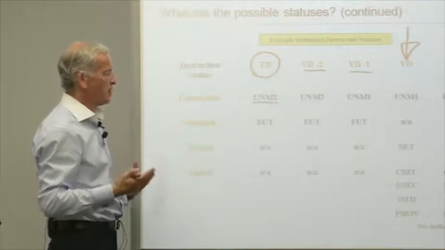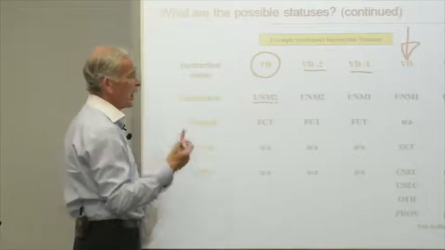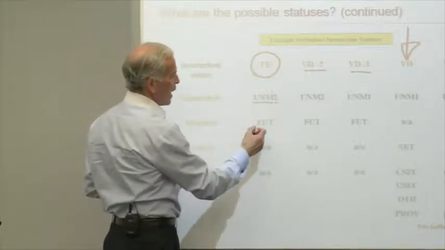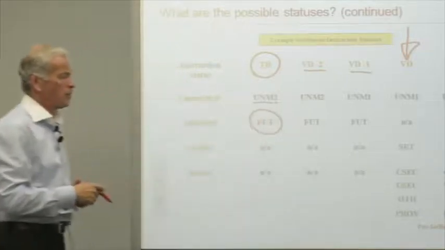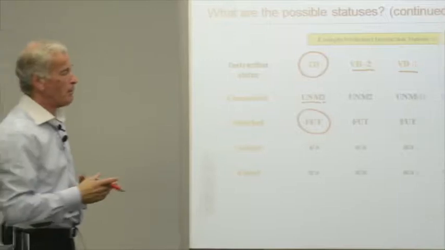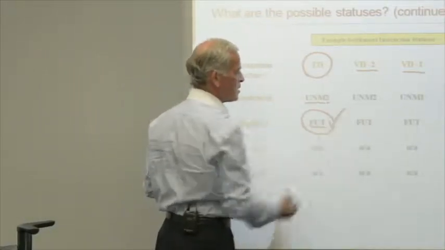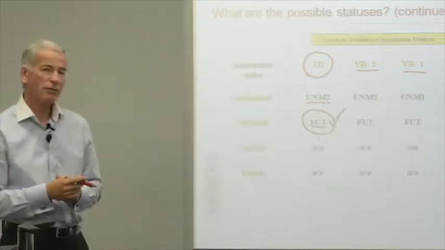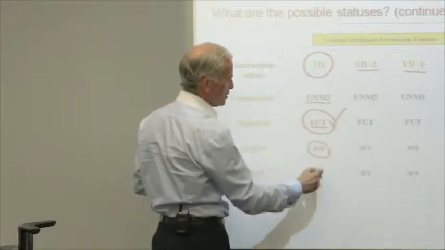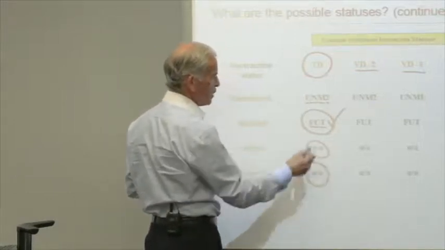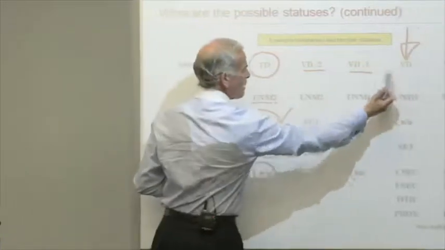If the CSD then discovers that there is now an instruction from the counterparty, and if it matches, then our instruction will be given a status of FUT, which means matched with a future value date. So that's the maximum status that we can get before value date. Now, it can't have settled yet, and it can't have failed, because the earliest point that settlement or failure can occur is the value date.